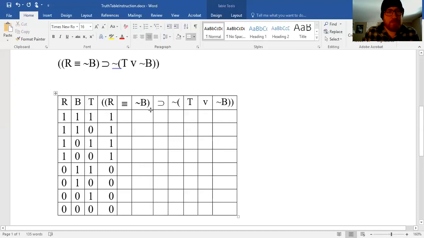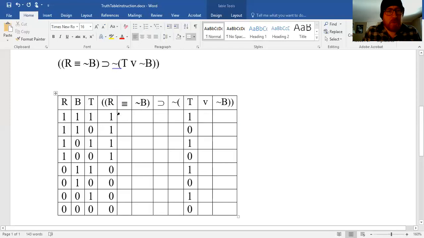Now, these are both negated B's, so we'll do those secondly, okay? And then we have T right here. So 1 one, 1 zero, 1 one, 1 zero under this instance of T, okay?